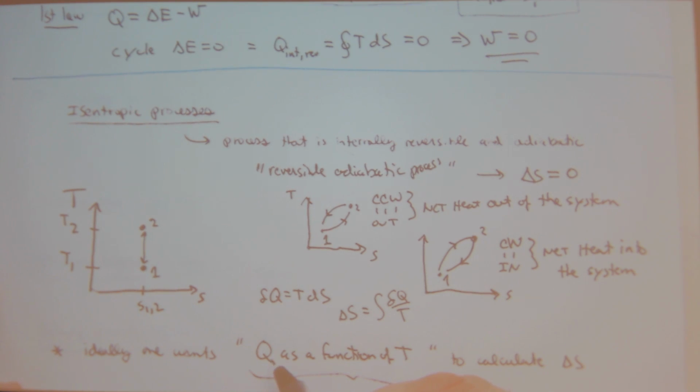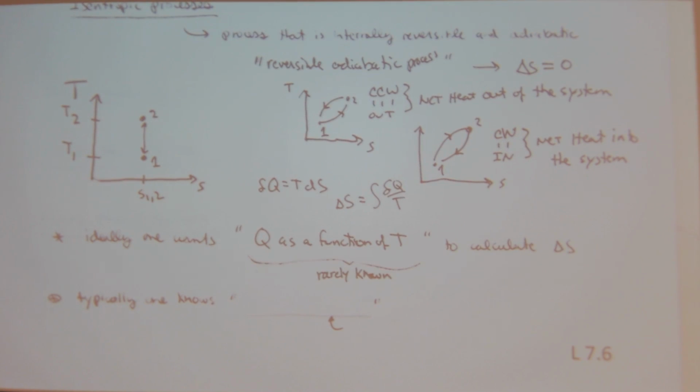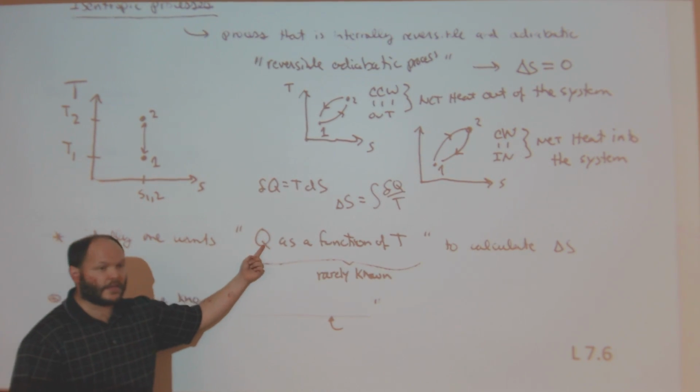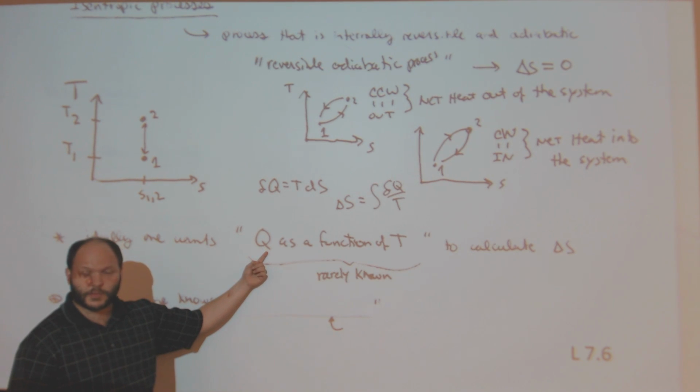The exact heat as a function of T, however, is rarely known. Now you can take heat transfer classes and you can use heat transfer models to get the heat, right? To predict the heat.